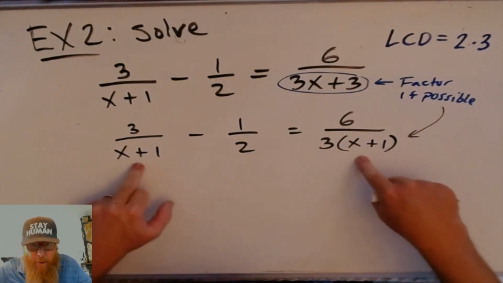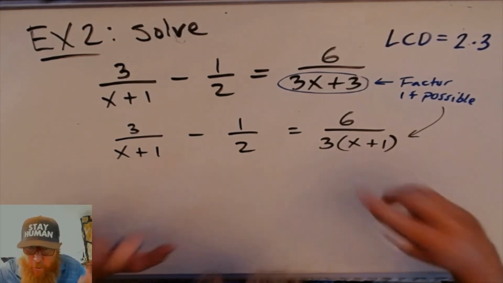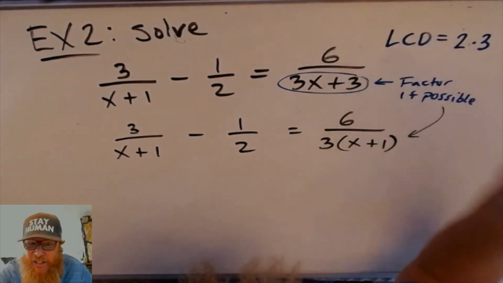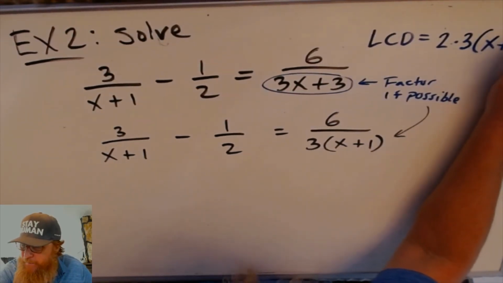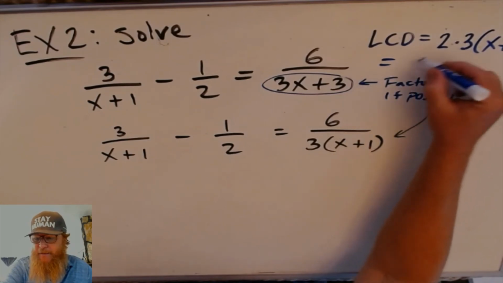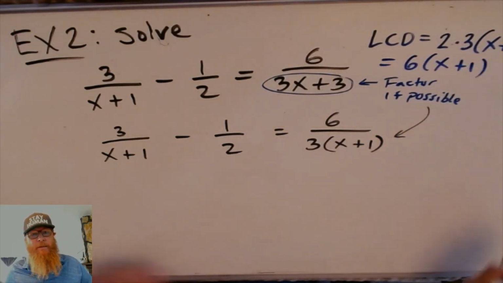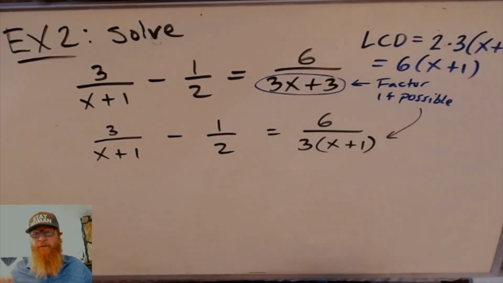Now these are both copies of the same thing. So if they are the same, you only need one of them. It's the least common. All right. You probably can't see that. So that'll be 6 times x plus 1. Kind of got off the screen there a little bit right there.